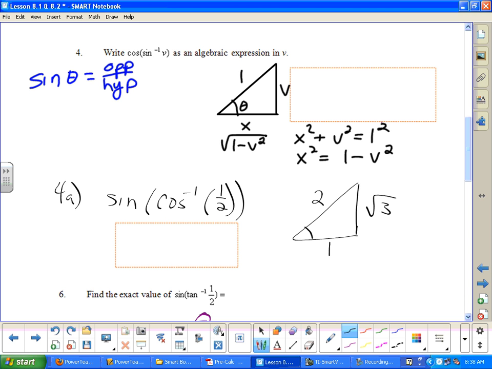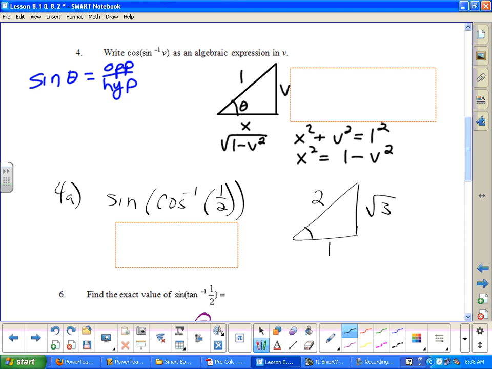Is it plus or minus? We are taking the square root, right? Okay, can it be plus or minus? We're talking about a distance, right? When's the last time distance was negative?